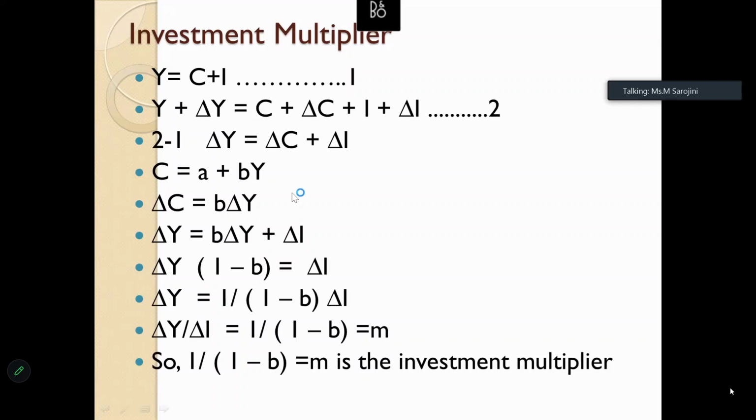Now we will discuss the investment multiplier for the two-sector model. What is the equation for the investment multiplier for the two-sector model? Anybody?